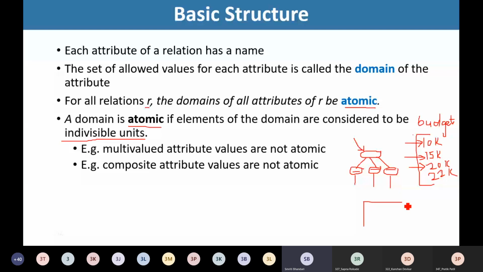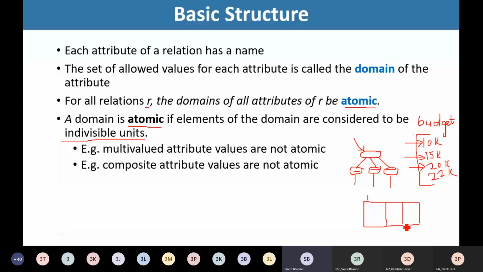That is why, when we converted our entity set into a table in the relational model, we said that the composite attribute is flattened. We have not stored name as one attribute; instead, we store the subparts as individual columns.